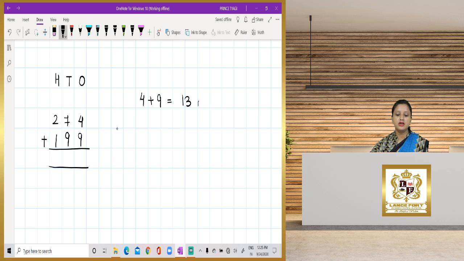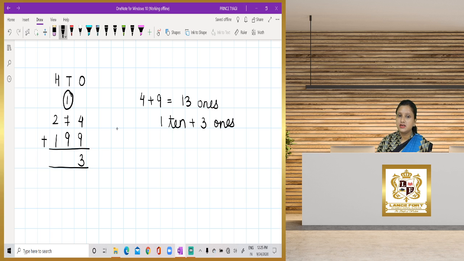So now regroup 13 ones into tens and ones. So 13 ones means 1 ten plus 3 ones. So write 3 in the ones place and carry 1 to the tens column.